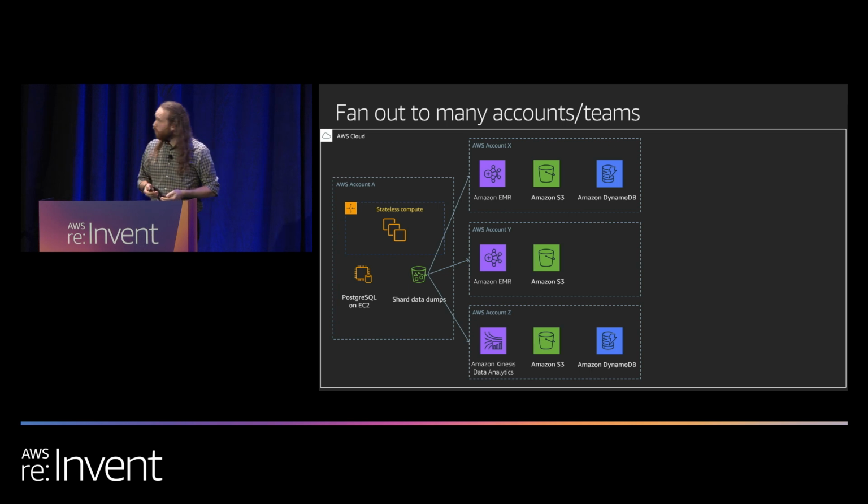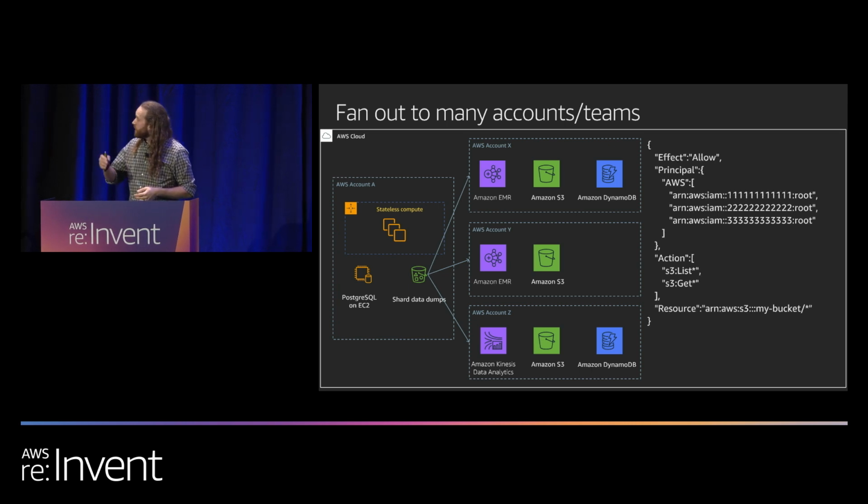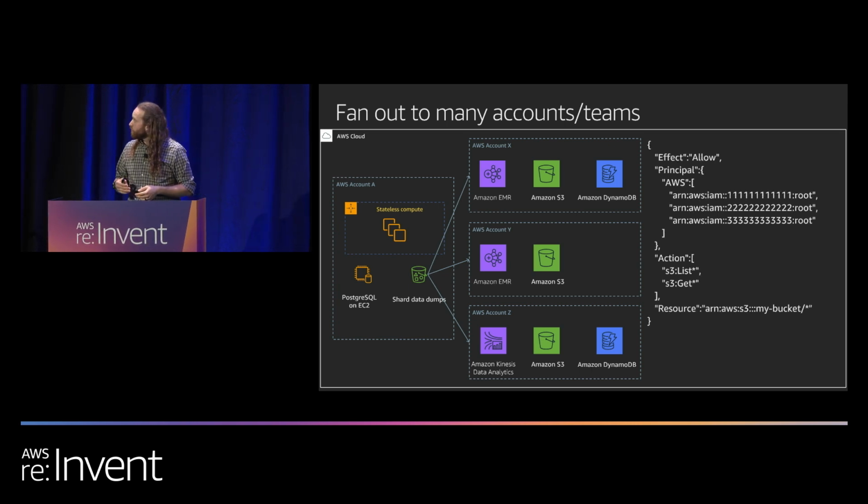And so in order to make that work, the first and only thing that we need to do on the side of the service that is publishing the data is to add that team's AWS account to that bucket policy. At that point, the team can stand up additional services in the future that consume from this bucket by granting the resources in their AWS account read permissions to this particular bucket.